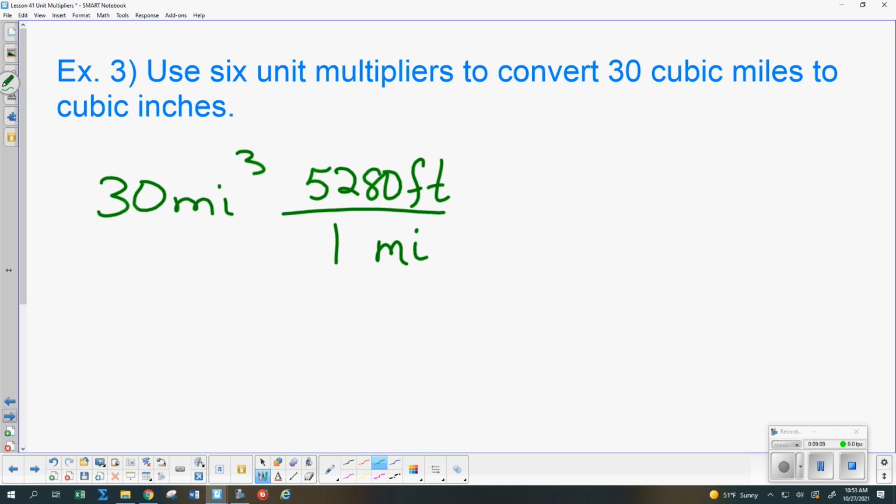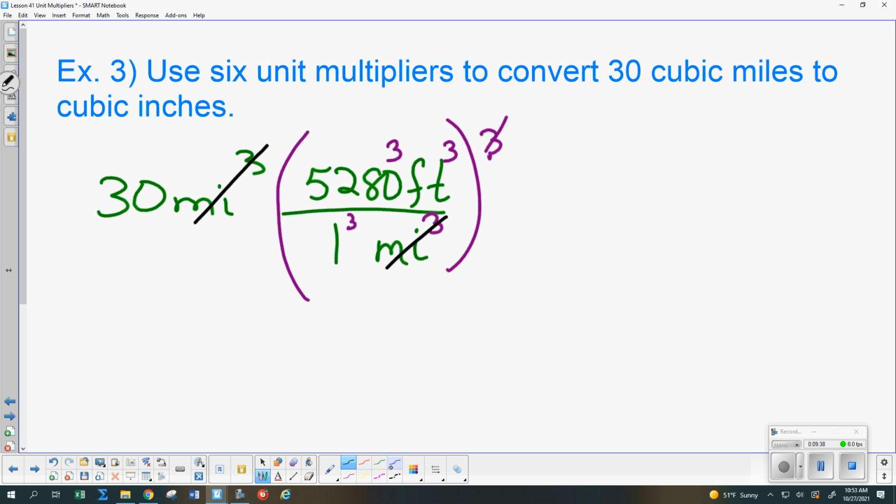Now let's do it that new way that I was talking about with showing the exponents. I need miles cubed, so I could do that multiplier 3 times. That really means the miles are cubed, the 1 is cubed, although that doesn't make any difference. The 5280 is cubed, and the feet are cubed, and that will get rid of my cubic miles, and now I have cubic feet.